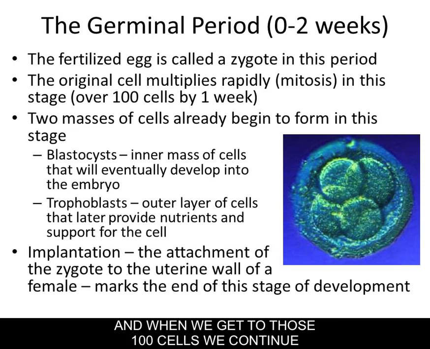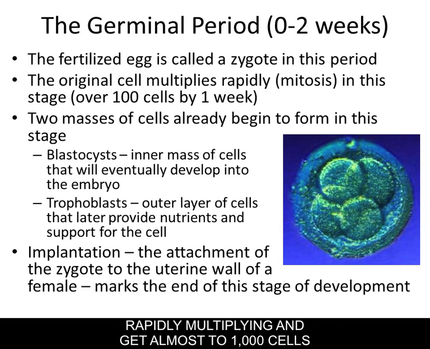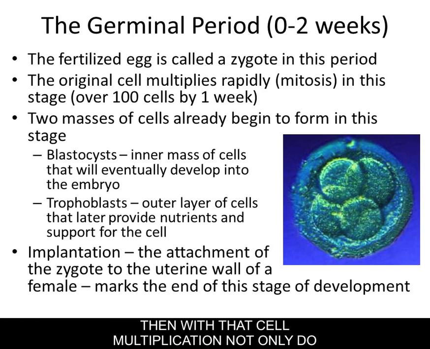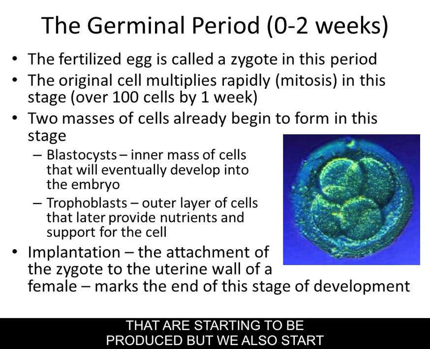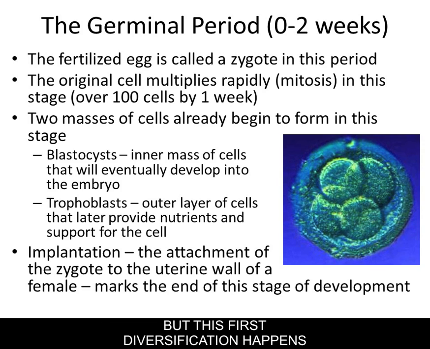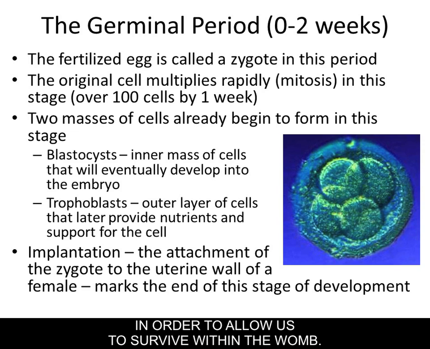And when we get to those 100 cells, we continue rapidly multiplying and get almost to 1,000 cells by the time we've finished this germinal period. And with that cell multiplication, not only do we have a large number of cells that are starting to be produced, but we also start to have some diversification. Much less than we'll see later, but this first diversification happens in order to allow us to survive within the womb.